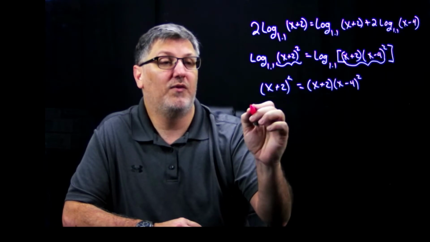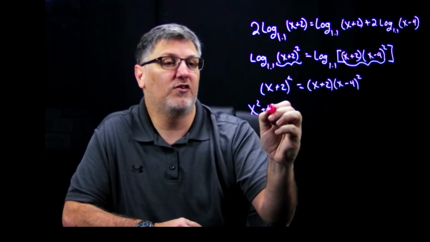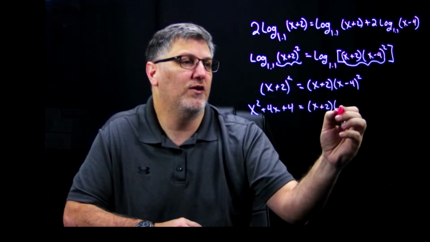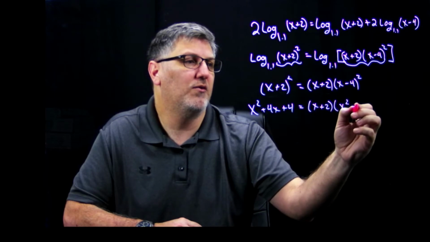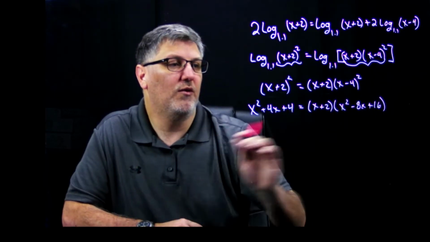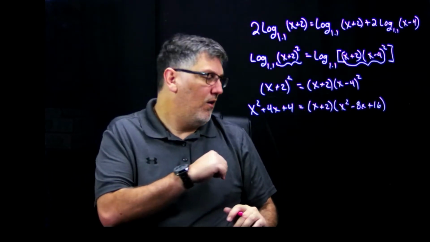When I do that, I'm going to get x squared plus 4x plus 4 equals, let's see, this is going to be x plus 2, and then this is going to be x squared minus 8x plus 16. And then we've got to FOIL this.